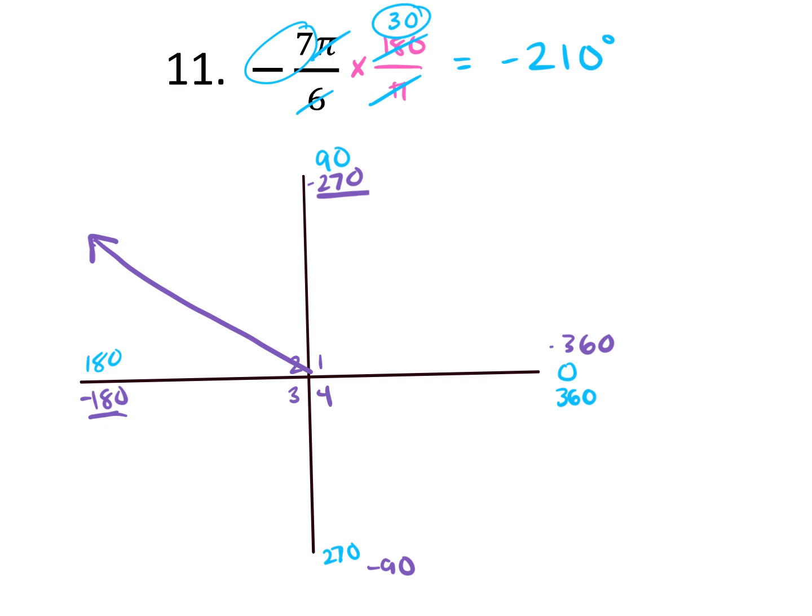Would you also just add 360? You can, if you want. You could add 360 to find the positive version of it.